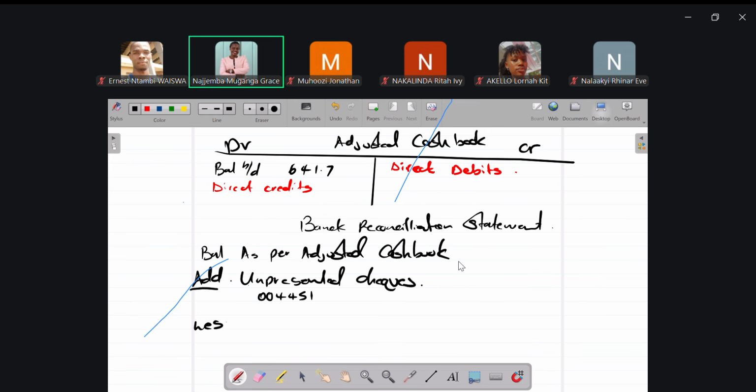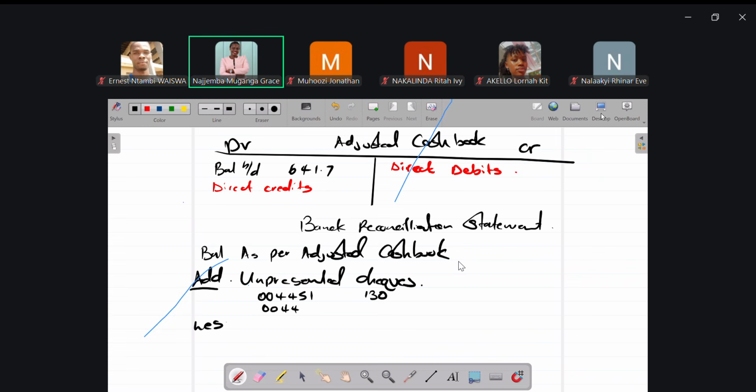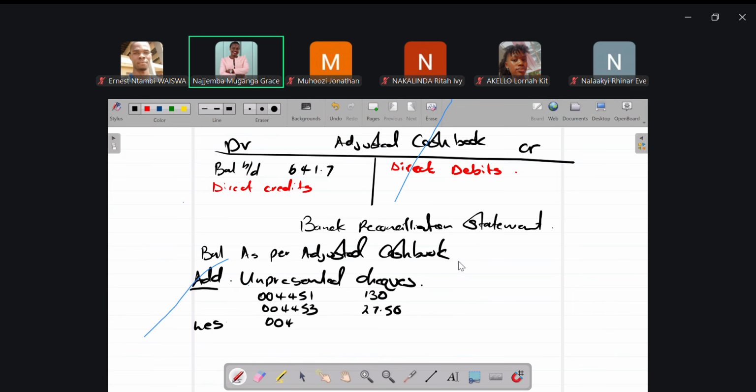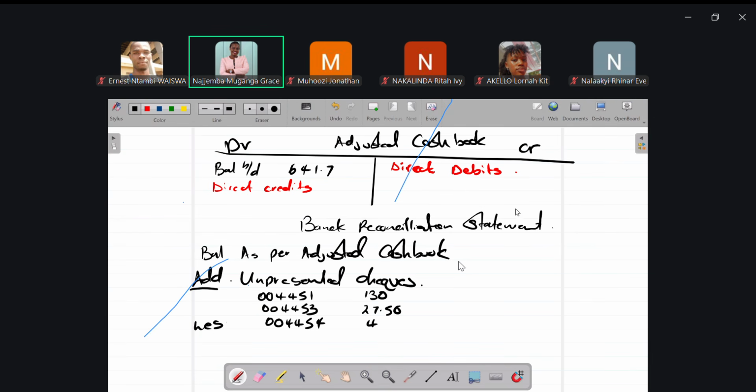That is 1/3. 004453. 27. 004454. 49. You see that?